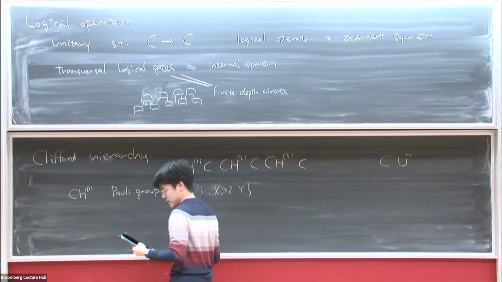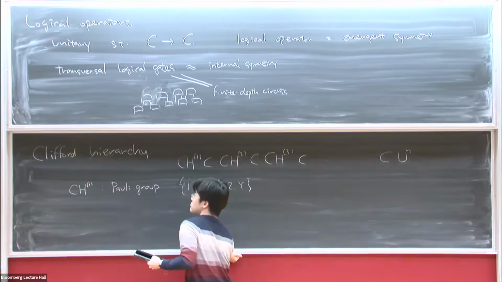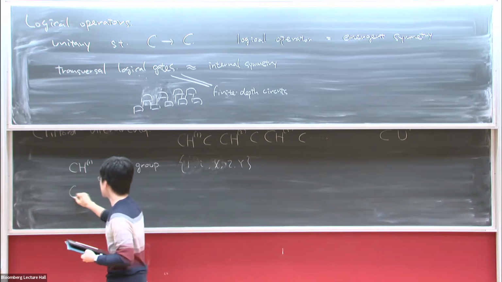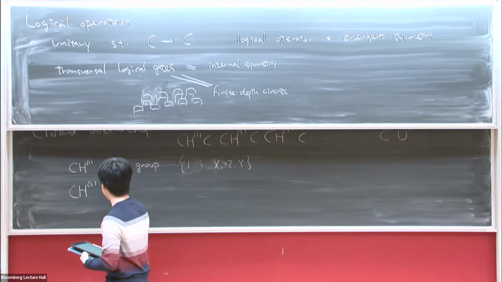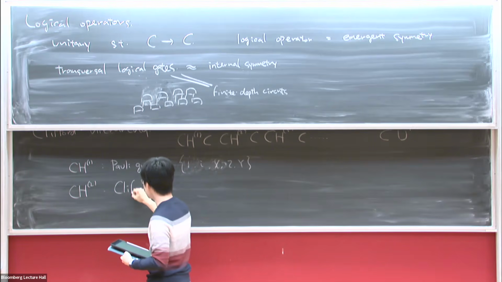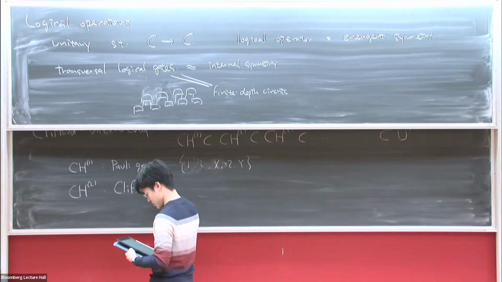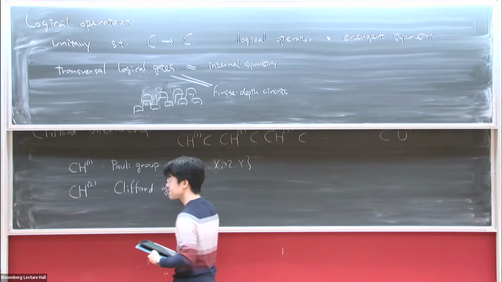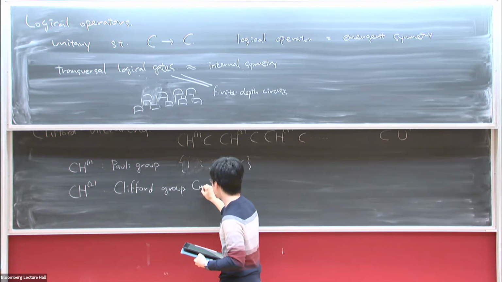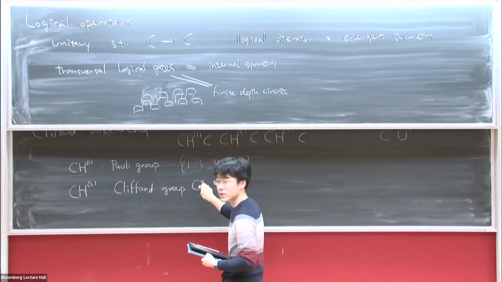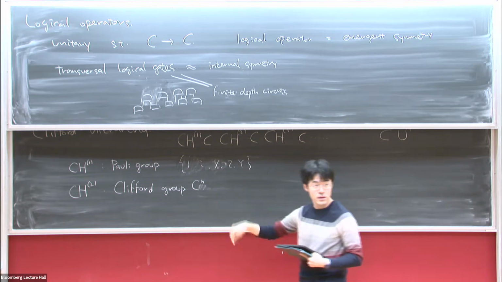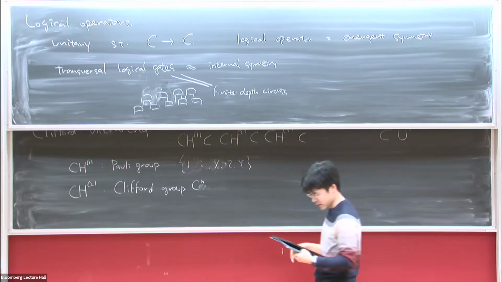And the second hierarchy is the Clifford group, C_n, where n is the number of physical units, the number of sites.